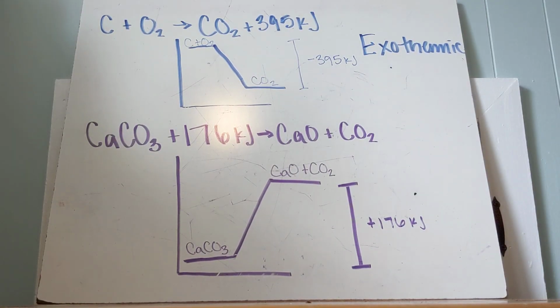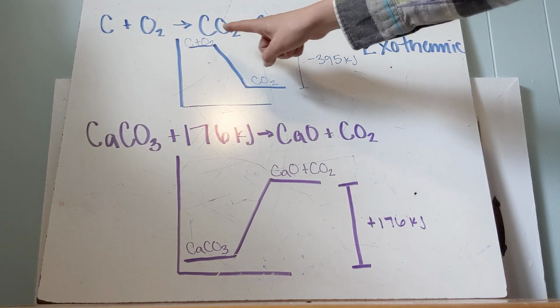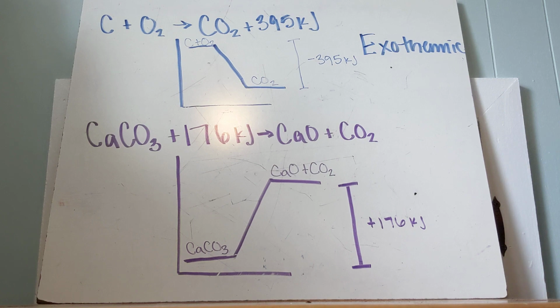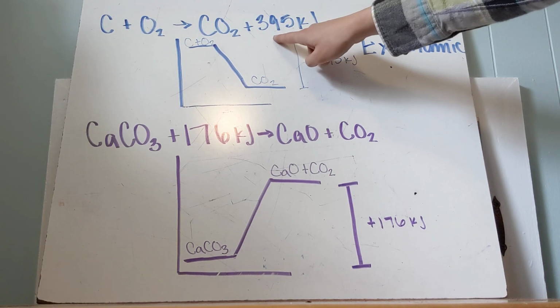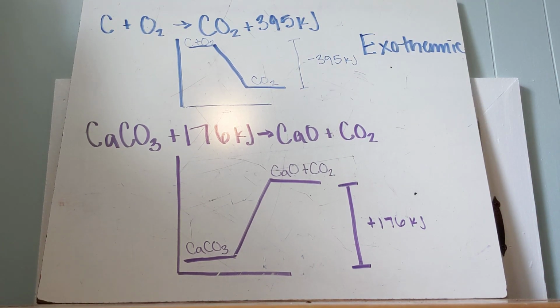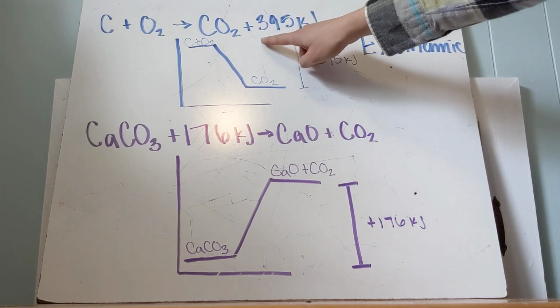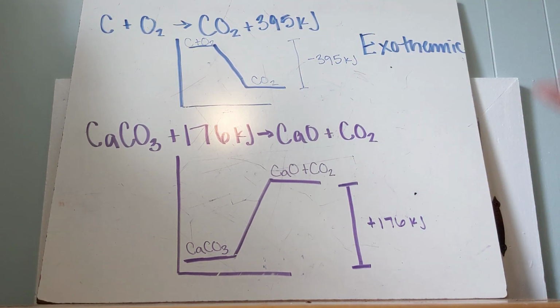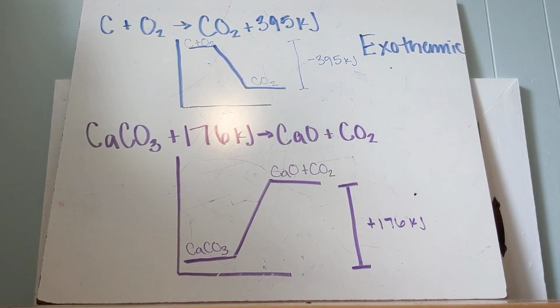So our first example is carbon plus oxygen yielding carbon dioxide. And you'll notice right here I have plus 395 kilojoules of energy. So that means that our reaction is releasing energy. That makes it exothermic. So you might be wondering, why is it exothermic?